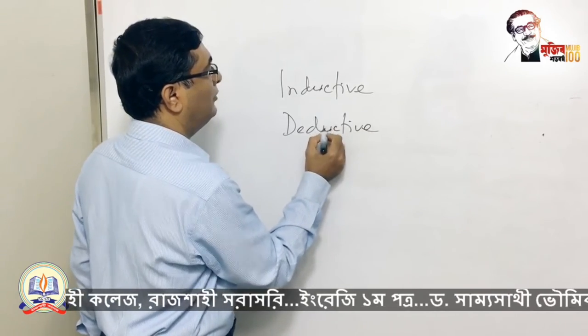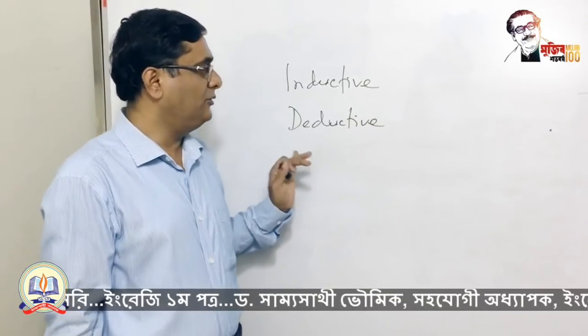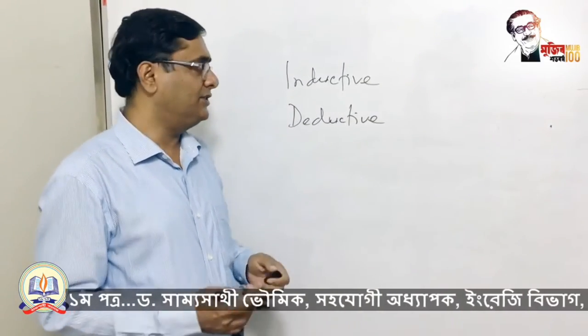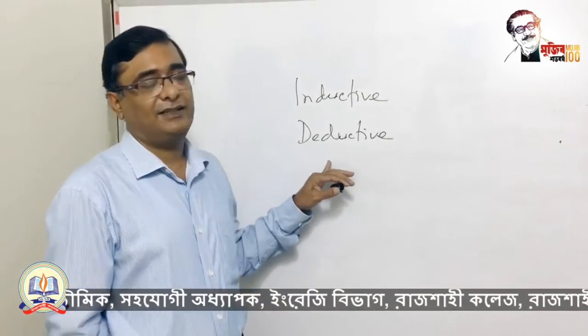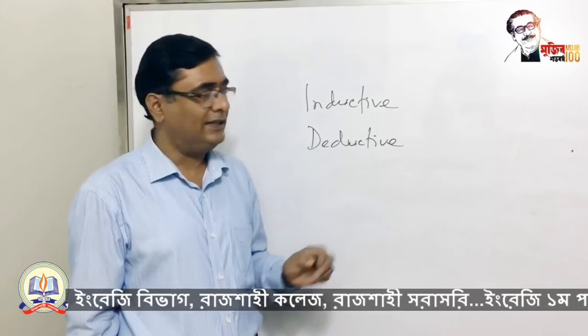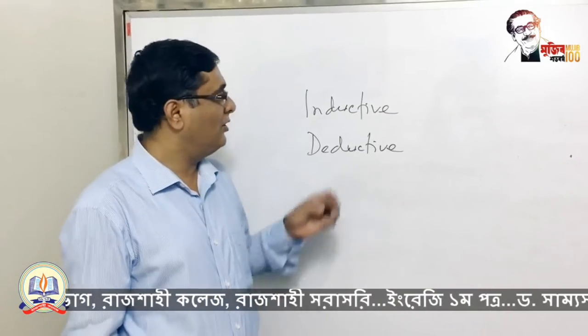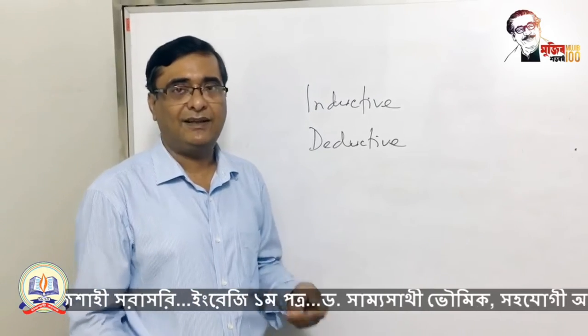Basically, the way teachers make the students practice grammar, they follow deductive method. Deductive method means that it starts with rules and then comes the examples. On the other hand, inductive method starts with examples and then comes the rules.